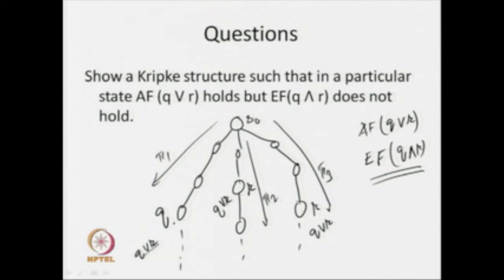With this labeling, you will find that in none of the states q and r is true. So we are not getting any path where in future q and r will be true. That is why this formula EF (q and r) is false in this state S0.